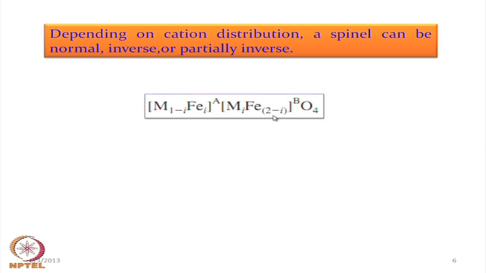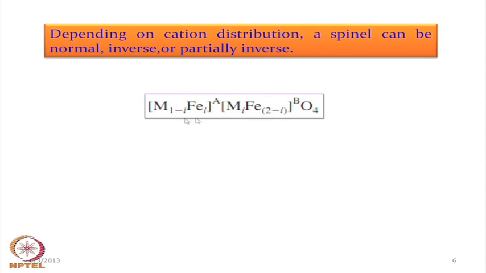So, if we take one such ferrite-based spinel structure, we have the MFe2O4 structure. This is the corresponding A site and this is the corresponding B site.